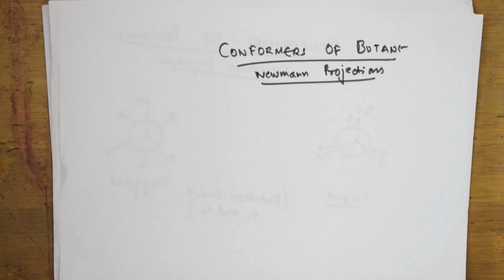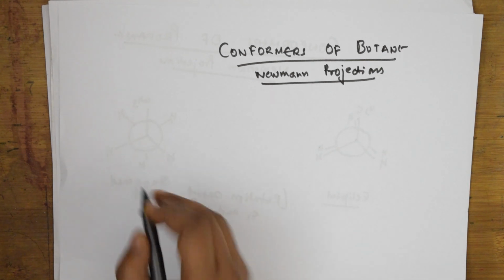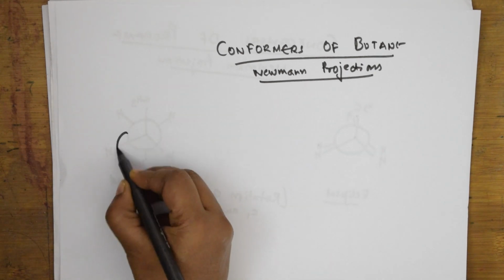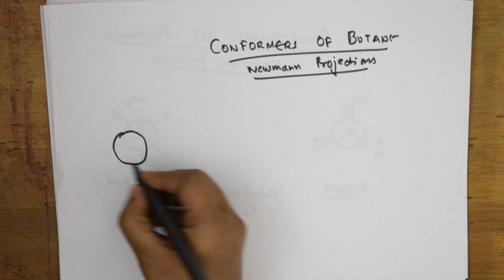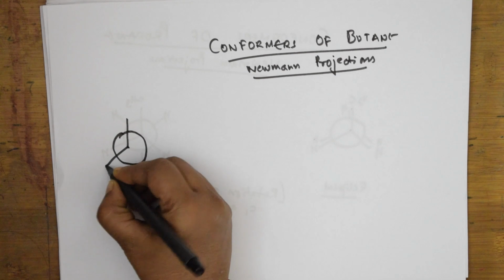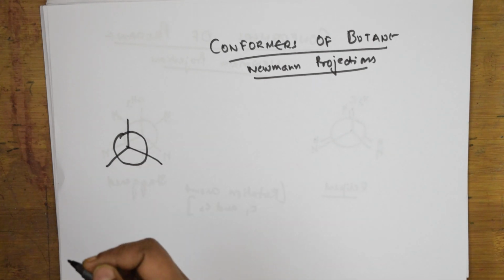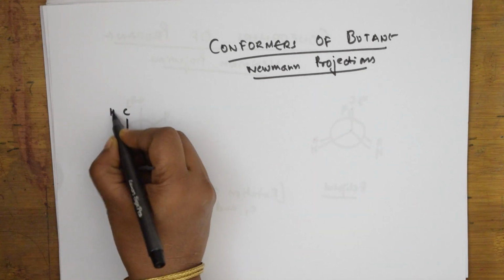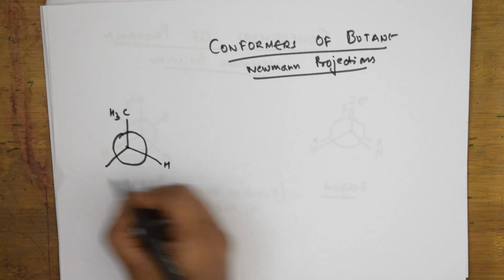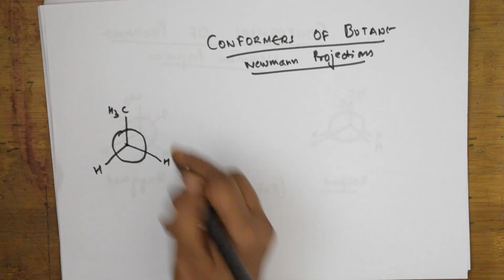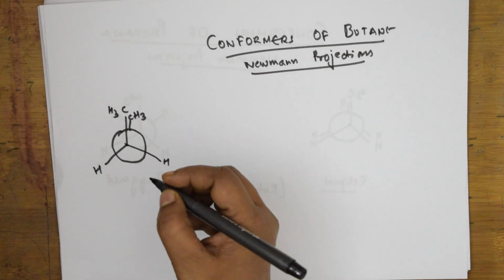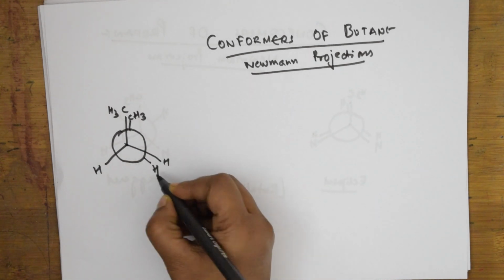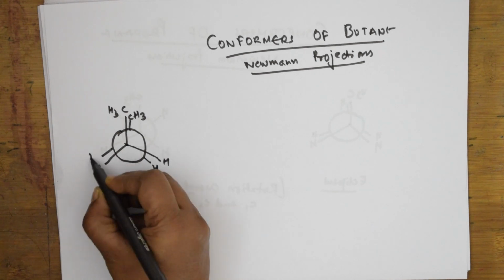In case of butane, as I said, 4 carbon atoms, how should we start? First, the Newman projection. The front carbon has CH3, H and H. Now when I draw the rear carbon atom, CH3, hydrogen, hydrogen.